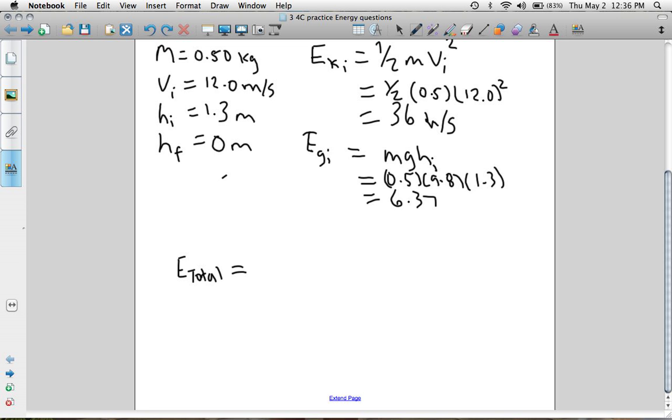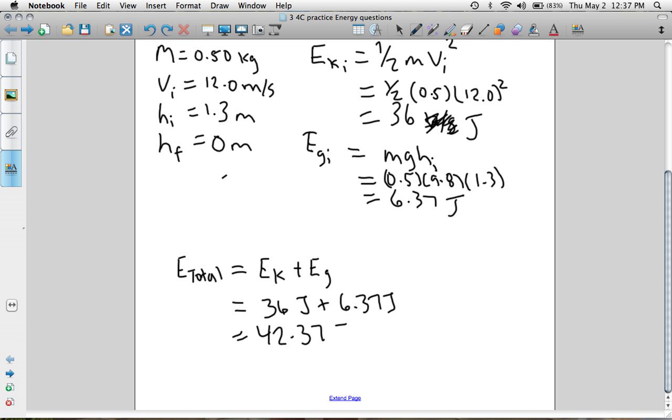So energy total or energy mechanical is equal to the sum of the total kinetic plus the total potential, which equals, sorry, I wrote down meters per second. It's joules. Energy is in joules. Sorry about that. 36 joules plus 6.37 joules is equal to 42.37 joules.